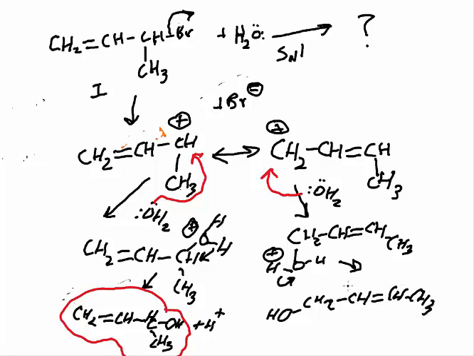Namely that. All right, so there are the predicted products, the alcohol products, the two products you get from number 1.